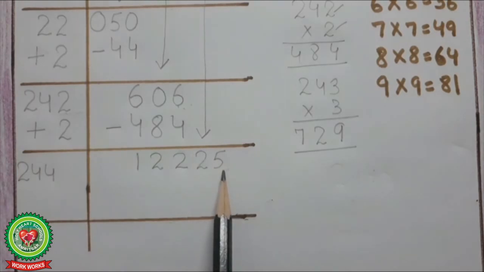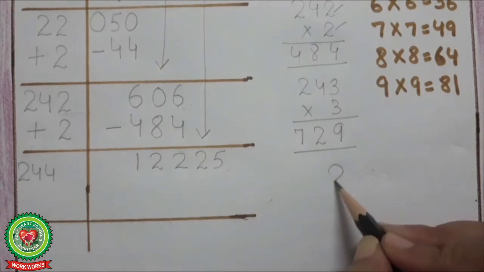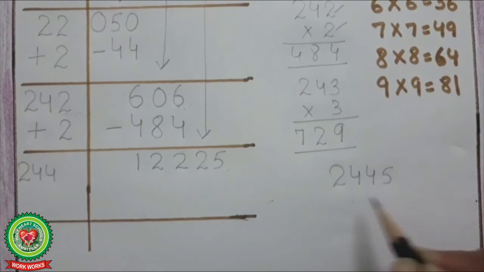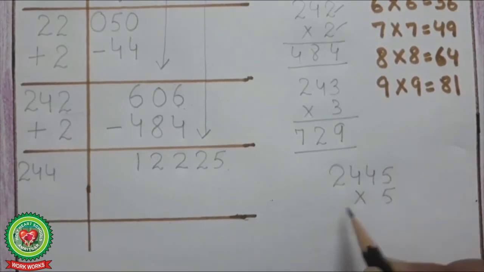Here the last digit is 5. So 5 is such a digit which is to be written with the divisor as well as with the quotient, which is satisfied by the last digit 5 of the dividend. Before writing, let's check which number 2,445 multiplied by 5 will give you.